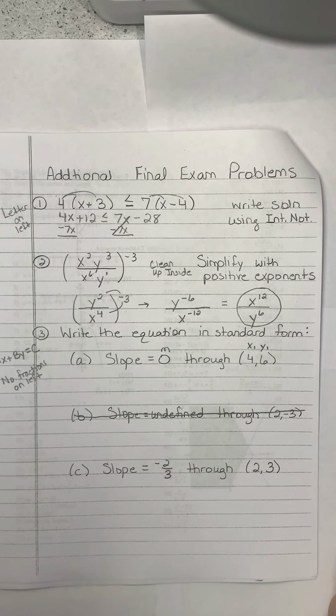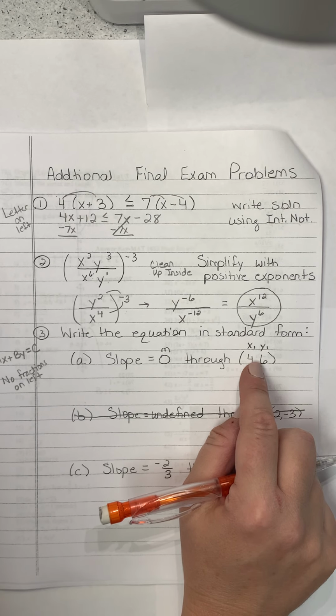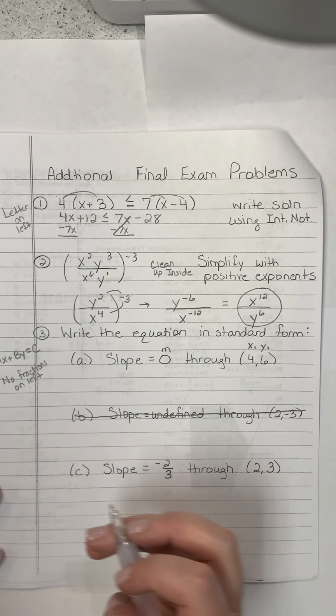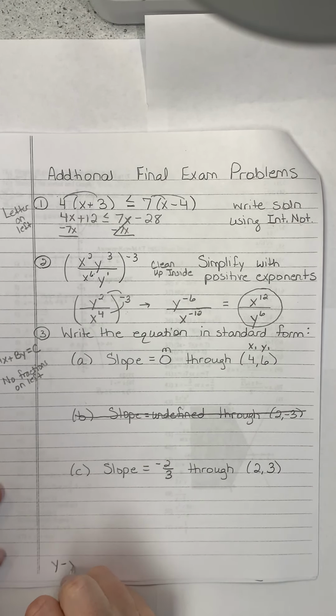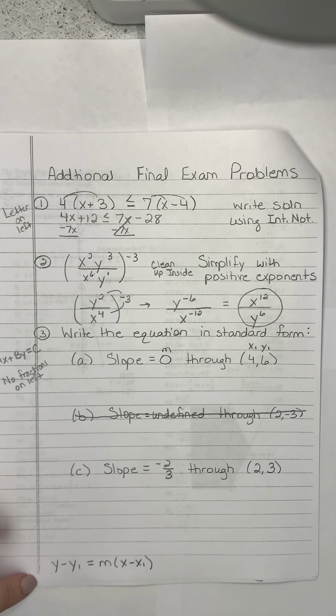Okay, so because I have a slope and a point, the only equation I can start with is going to be point slope form. That's my equation that I'm going to start with. Okay, even though I don't want to end up that way, that's where I have to start. Okay, so here we go.